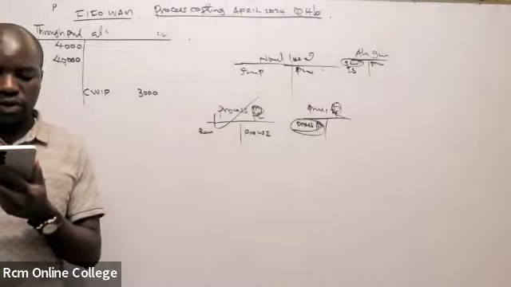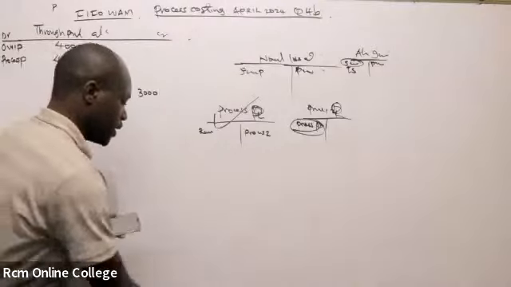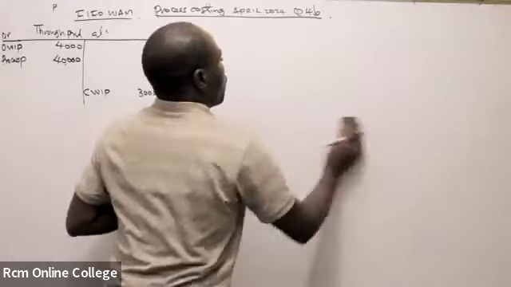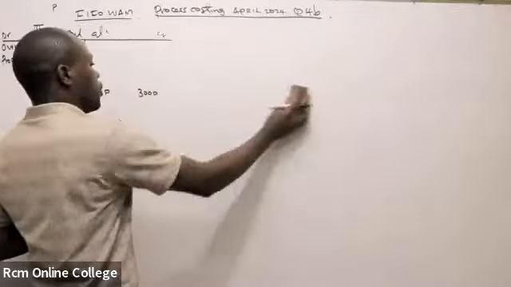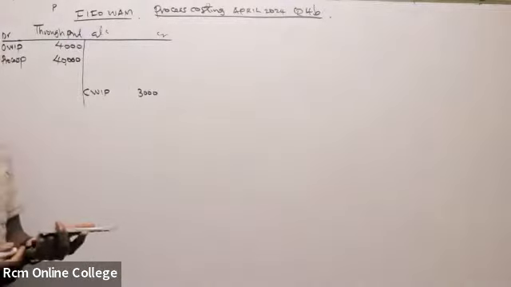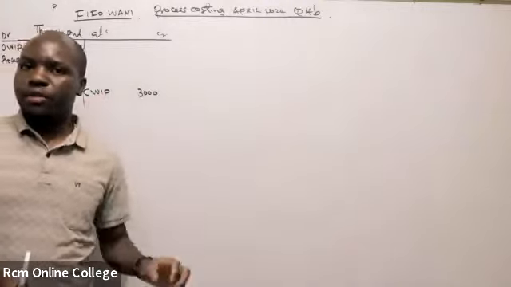The next thing we are given, number 6: the normal process loss was 5% of the expected production. On Tuesday, we said that normal loss is equal to maybe 5% of the total input.